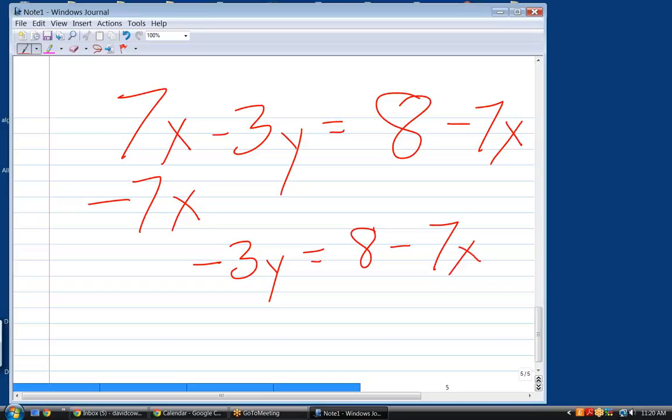Now what's the next step? Add 3. No. What is 3 currently doing? I know it looks like it's being subtracted, but it's not. What it's actually doing is it's a multiplier of y. And it's not 3, but negative 3 that is the multiplier of y.